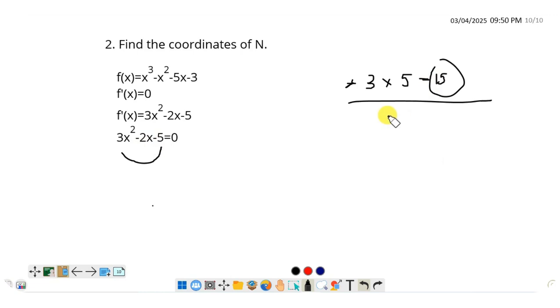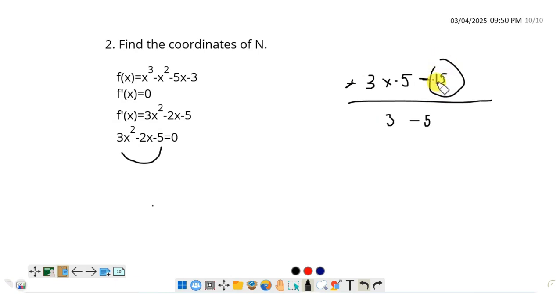Because what 3 and negative 5, because 3 times negative 5 is negative 15. Remember, this comes from multiplying A and C. So I say A with C gets the product, that's the first thing.